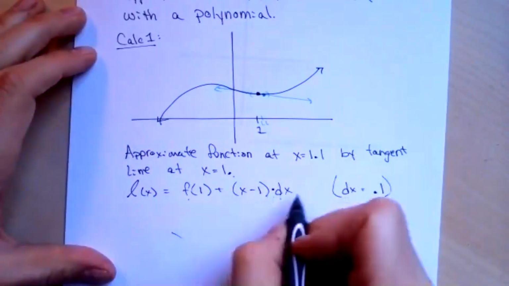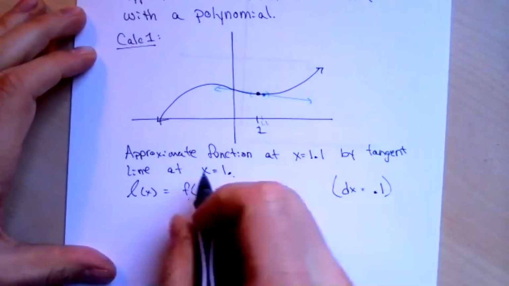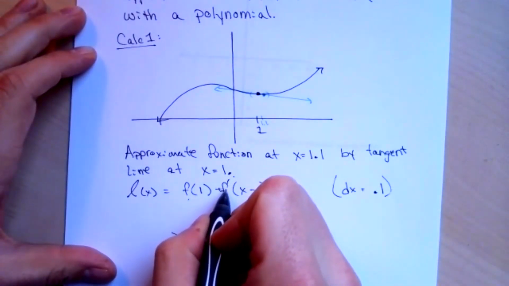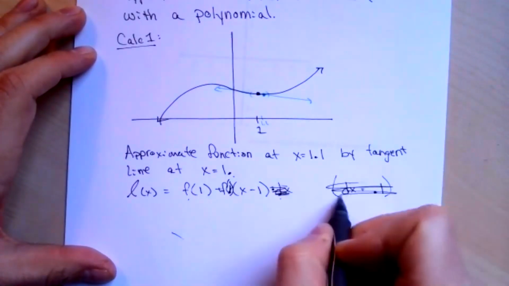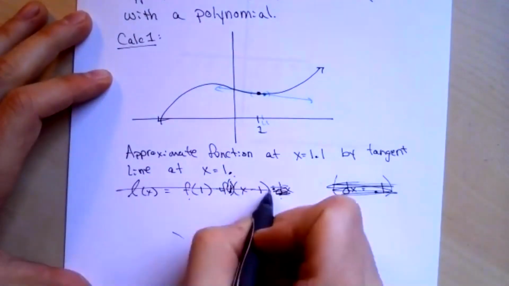Oh no, sorry. I'm doing this wrong. This is our dx. F prime of x. F prime of 1. We want to create a vertical line. Let me rewrite this.